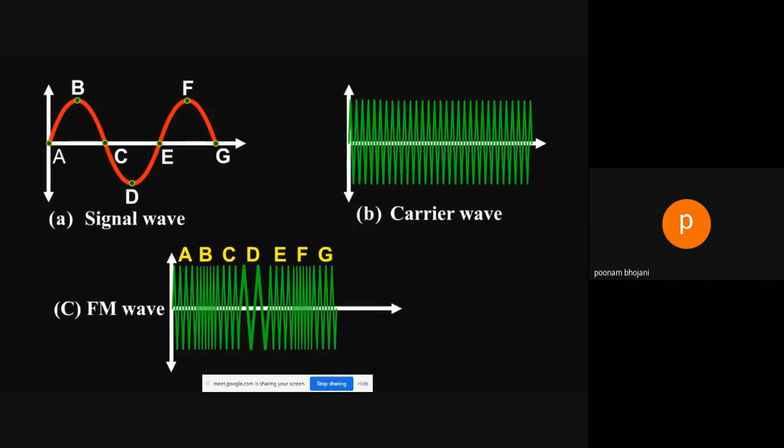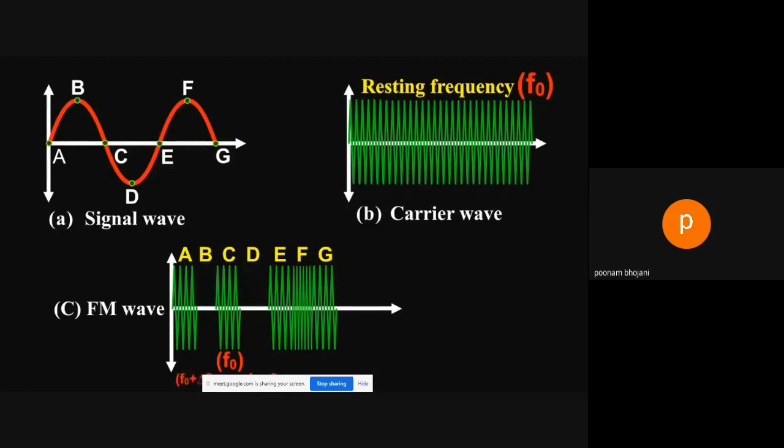The frequency of an FM transmitter without signal input is called the resting frequency or center frequency F0, and this is the allotted frequency of the transmitter. When the signal is applied, the carrier frequency deviates up and down from its resting value F0.